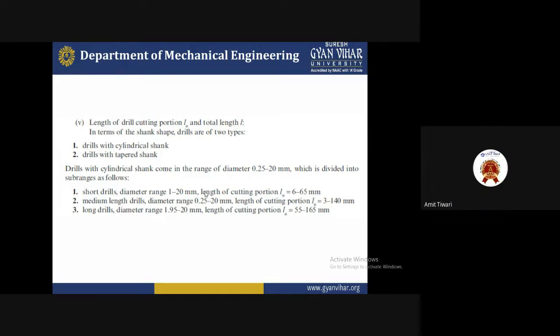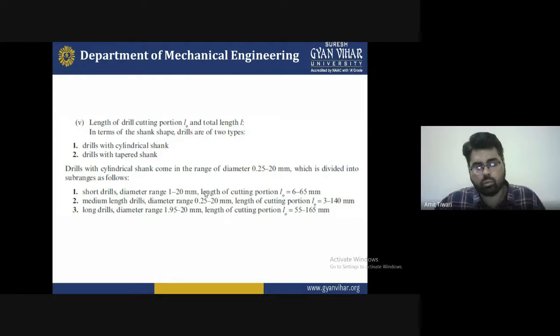The reason is that they are divided into sub ranges, because of different diameters, that is the shorter drill, longer drill, or medium drill. Shorter, medium, and longer drills have a specific range of the cutting portion. That's why we have to use this range. Otherwise, it will not be useful or beneficial. That's why it will be helpful.